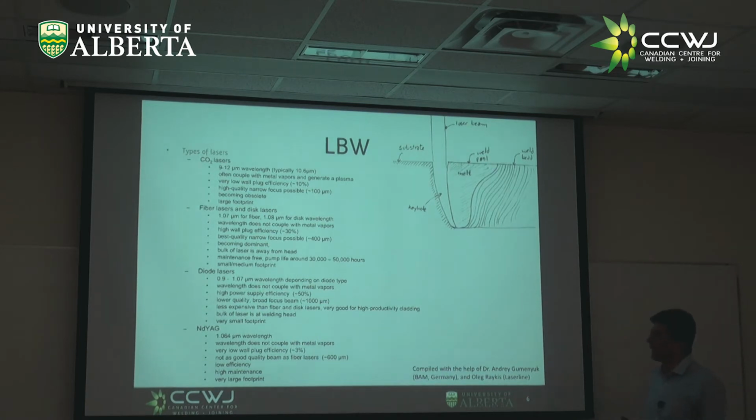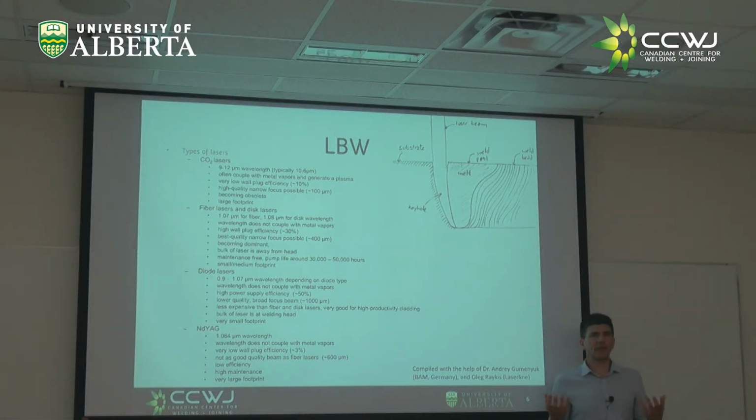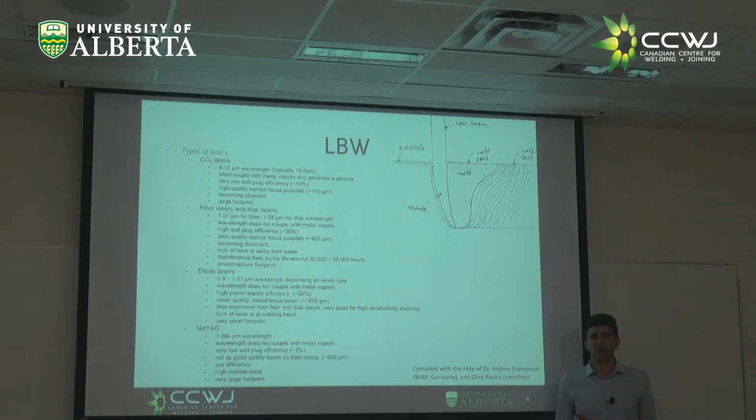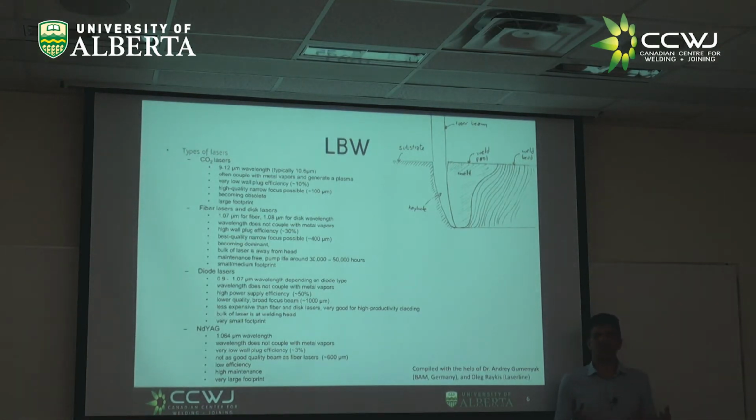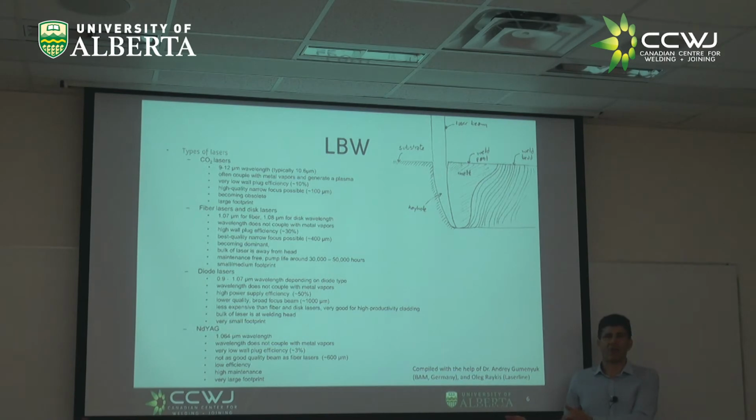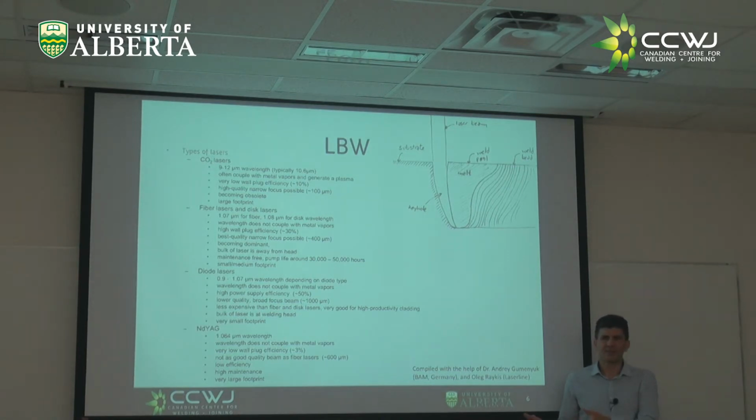Another interesting thing about lasers: if the wall plug efficiency is not very good, and to make a weld you need a few kilowatts, then very quickly you realize that for a weld of 2, 3, 4 kilowatts, you're going to need perhaps 40 to 100 kilowatts of dissipation. Have you ever thought what that means? That's an enormous amount of energy.